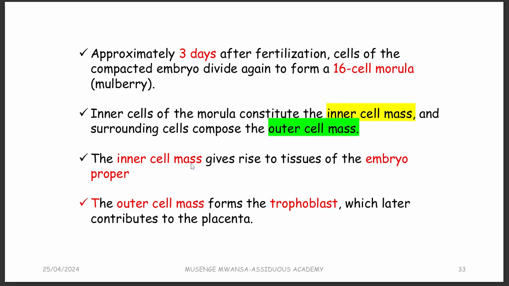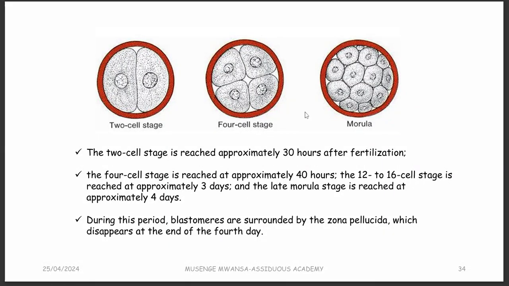The inner cell mass will give rise to what we call the embryo proper, where the child is going to come from. The outer cell mass will form what we call the trophoblast, which will give us the placenta. So the cells outside are the outer cell mass, and the ones inside are the inner cell mass. The inner cell mass will form the embryo proper, the outer cell mass, the trophoblast.